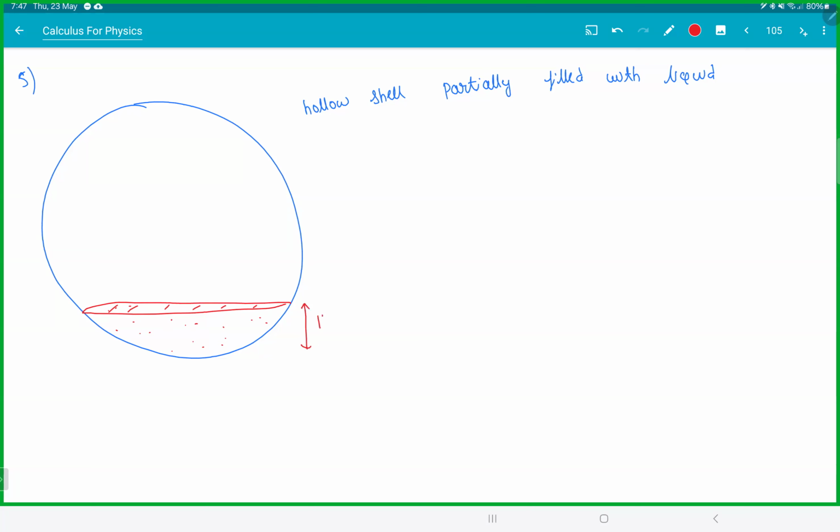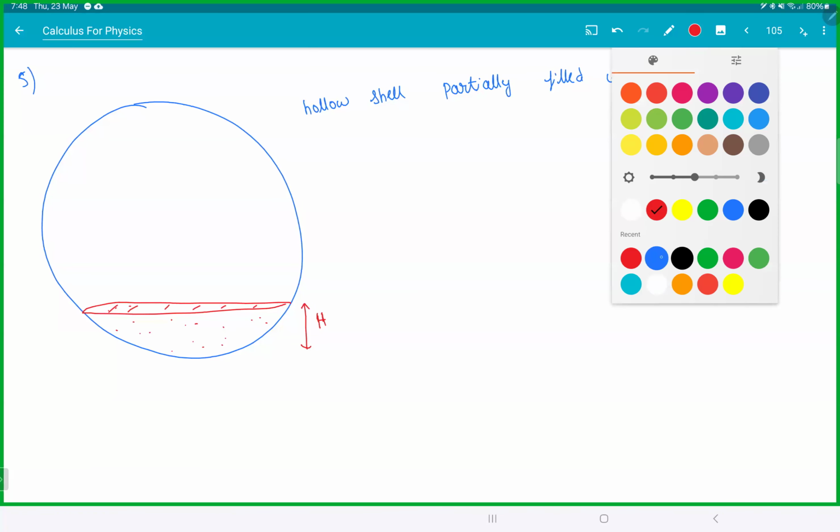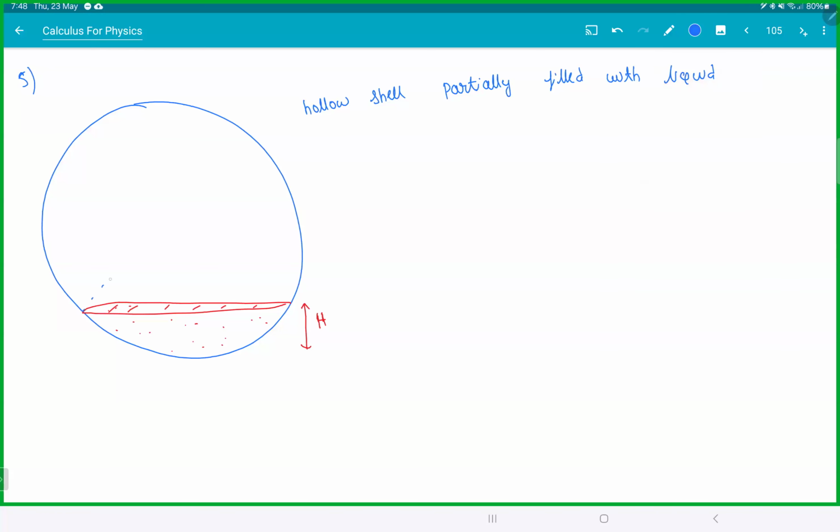The entire thing is not filled. It is only filled up to height h. R is the radius. Find the volume of the liquid. This red thing is the liquid.